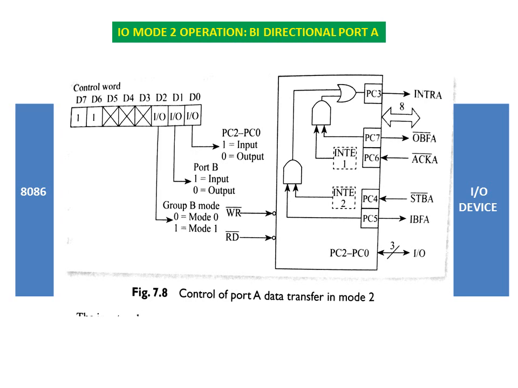Bidirectional means port A used only for input data, port A only used for output data. In the previous two cases, port A is used only for input, and in the second case port A is used only for output.